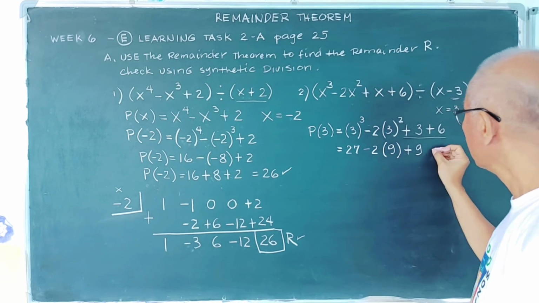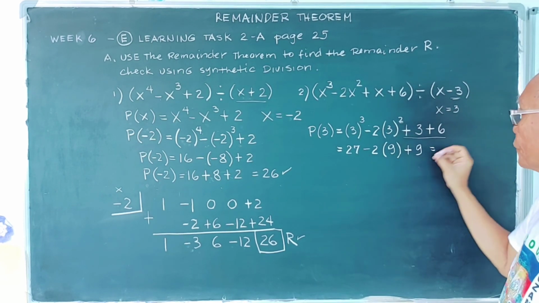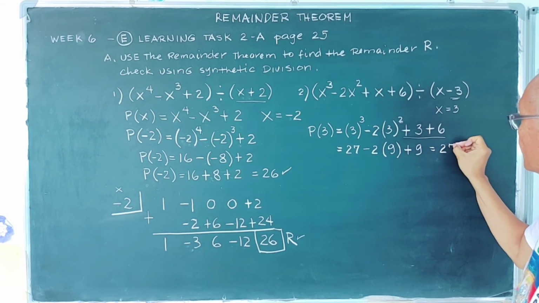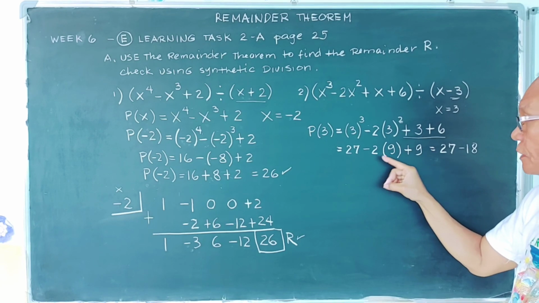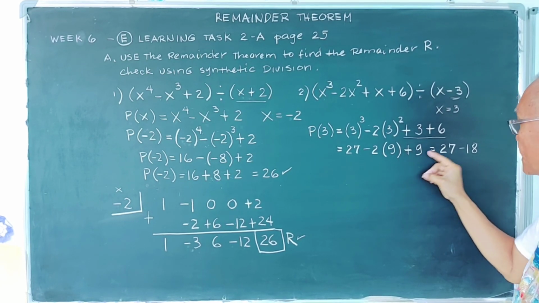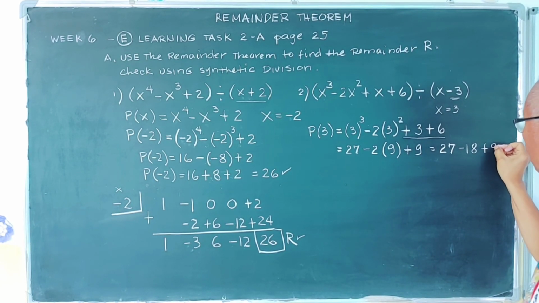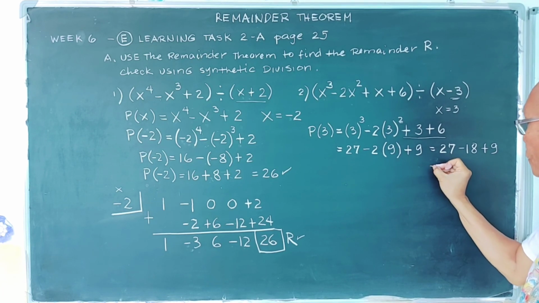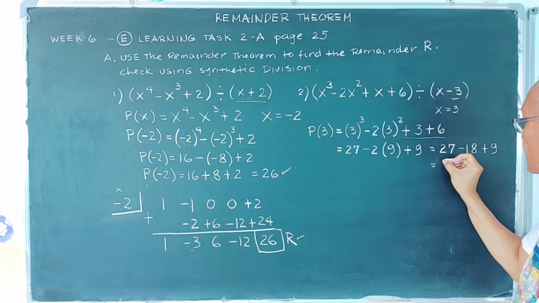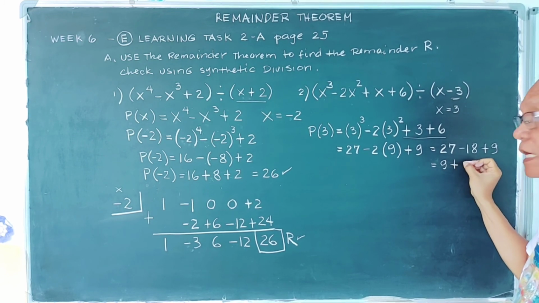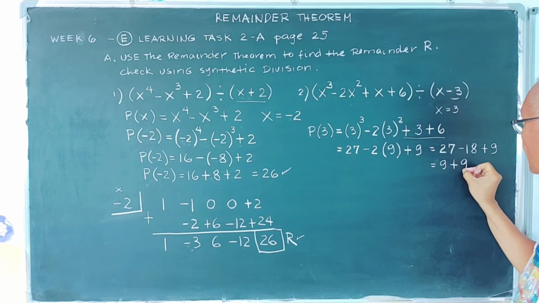And then, dito, we have 27 minus 18. 2 times 9, 18. Plus 9 is equal to 27 minus 18 is 9 plus 9.